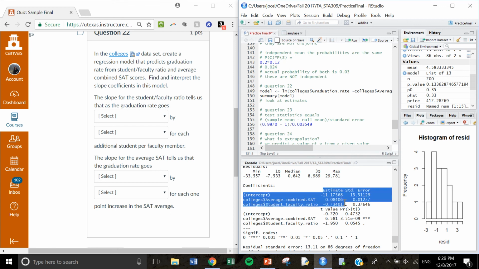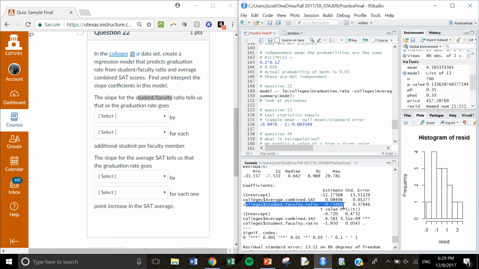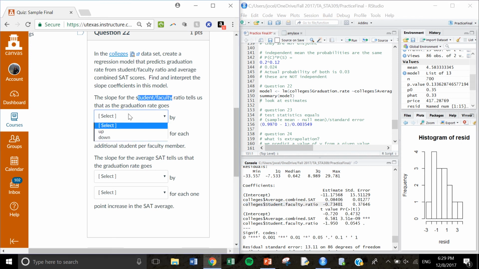Those are our coefficients. So the slope for the student-faculty ratio is negative 0.734. It's negative, means it goes down. Negative 0.734, down 0.734 for each additional student per faculty member.